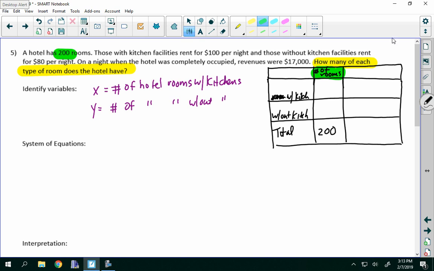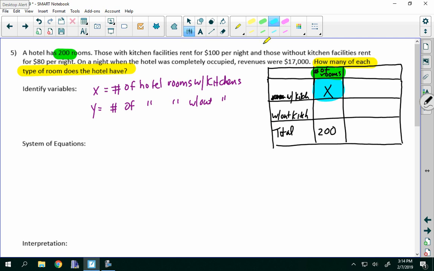So when I'm looking at this cell right here, I'm looking at the number of rooms with kitchens. And if you don't like writing these sentences out this way, notice you're saying exactly the same thing here. You have a quantity word, number. You have a unit called rooms with kitchens. So we're going to assign to that X.